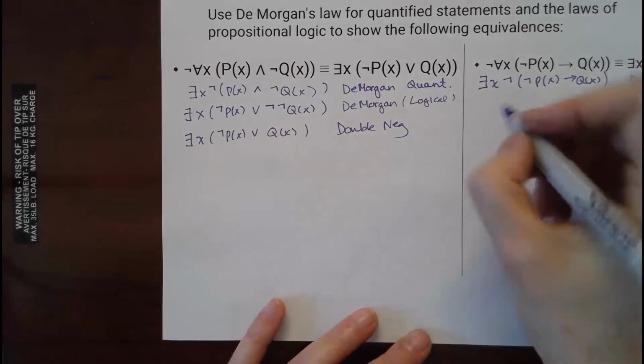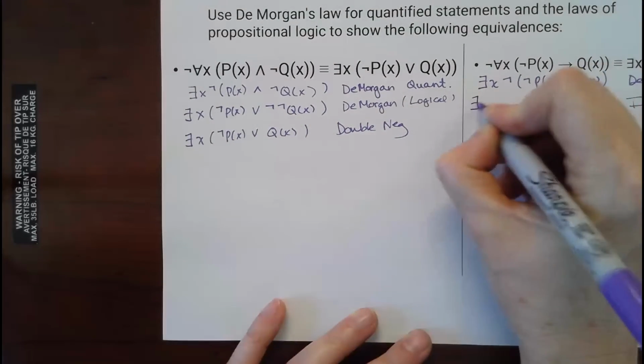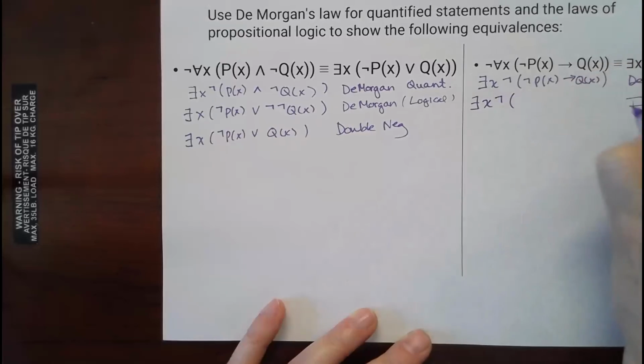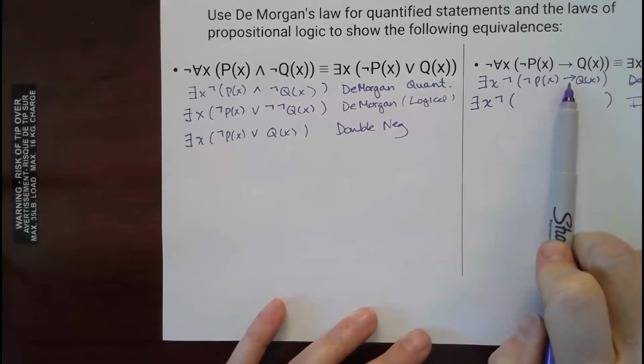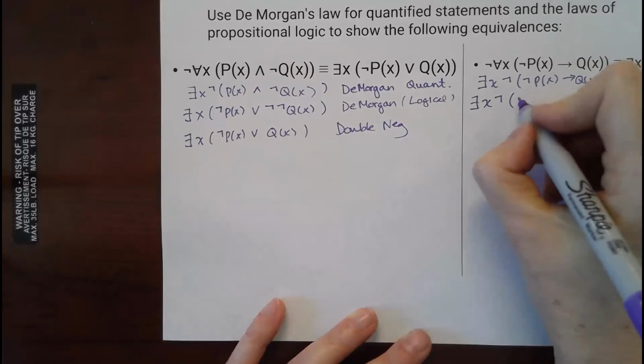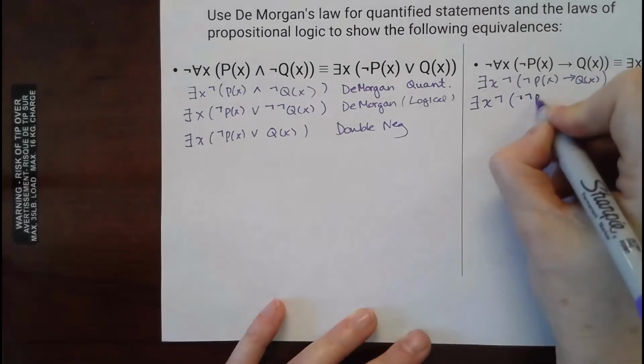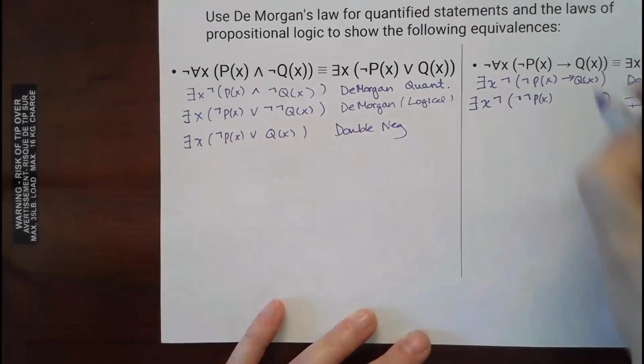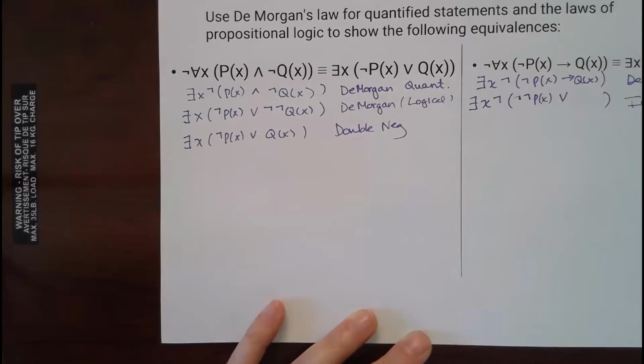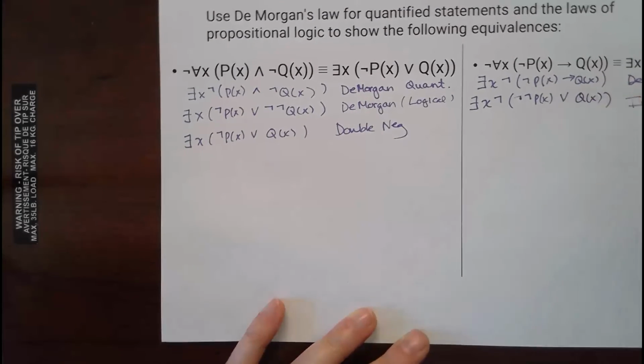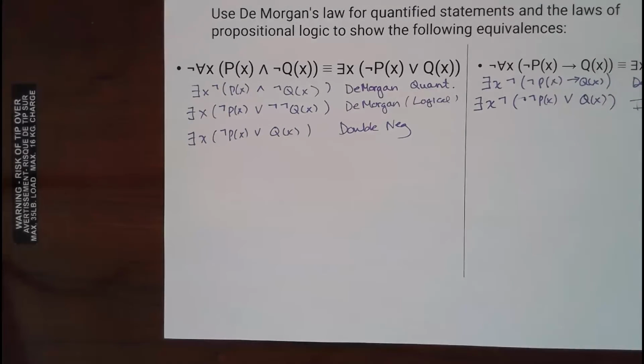So when I apply that law, okay, I'm only applying it to the first one. So remember, it becomes not the hypothesis, so not P of X, that's the hypothesis, or the conclusion. So there's our Q of X. So there we applied the implication law.